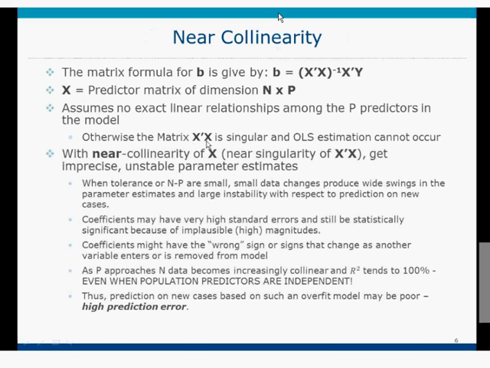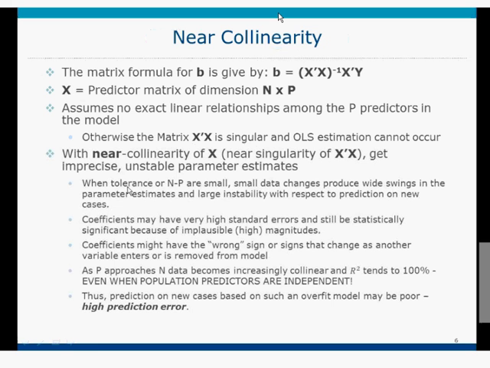Otherwise, X prime X is singular, and we cannot do least squares estimation because we cannot invert X prime X. So that's the case of perfect singularity, perfect collinearity. But the problem that we'll be talking about here is near collinearity, which means near singularity of X prime X. In that case, we get imprecise, unstable parameter estimates.